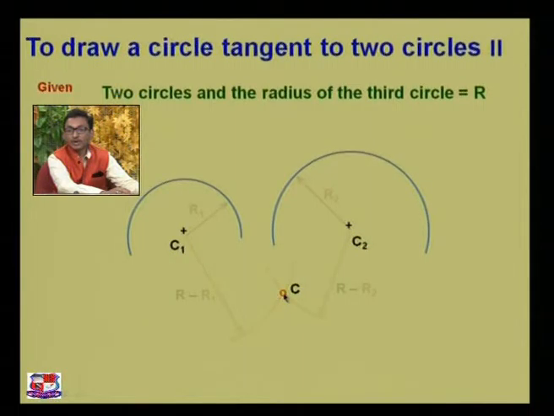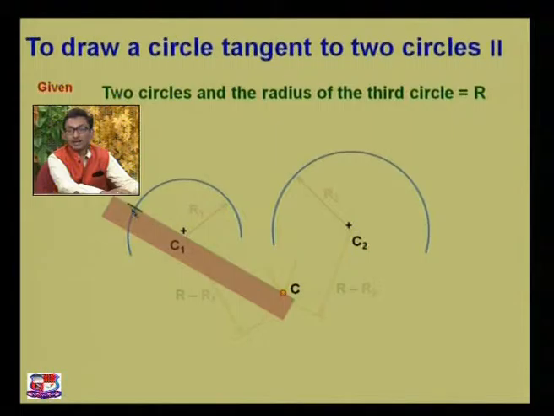Now we will put up a scale like this. Again the same method: this scale should pass through point C and point C1.